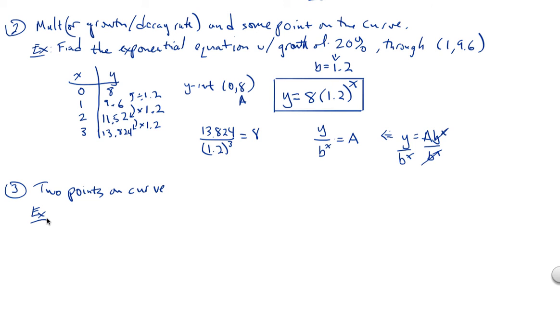We're going to do it kind of like the linear equation, where first we use the 2 points to figure out what the multiplier is, and then we reduce this back to situation 2, where we have the multiplier and a point on the curve, and we can do it just like number 2.